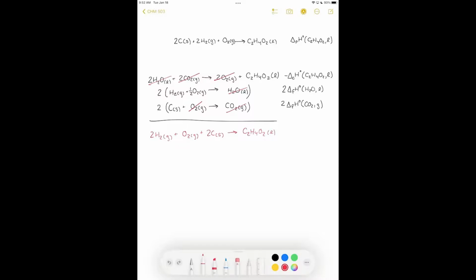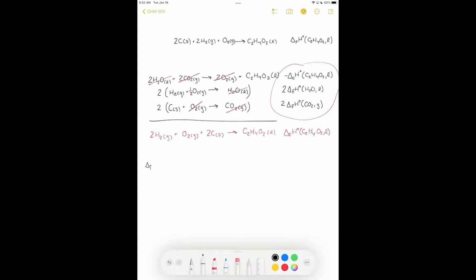And the enthalpy for this process down here, which is the enthalpy of formation of liquid acetic acid, is simply the sum of all of these enthalpies here. So I'll write it in this way.